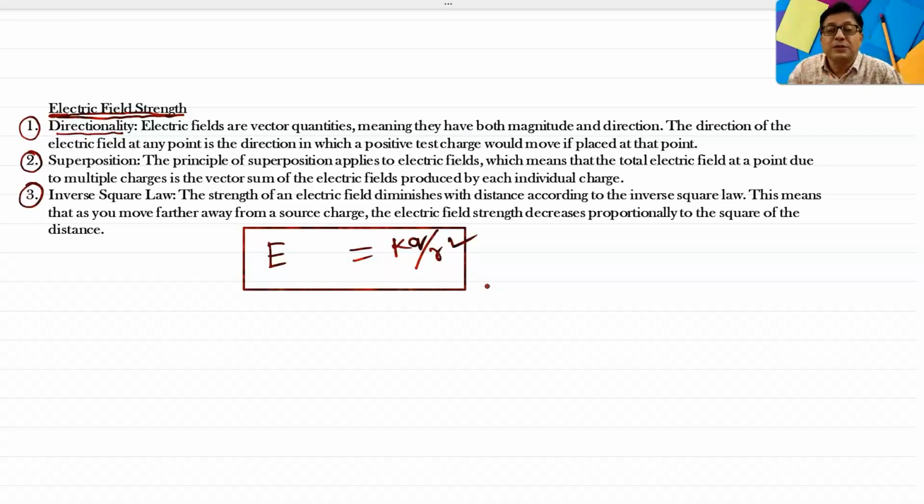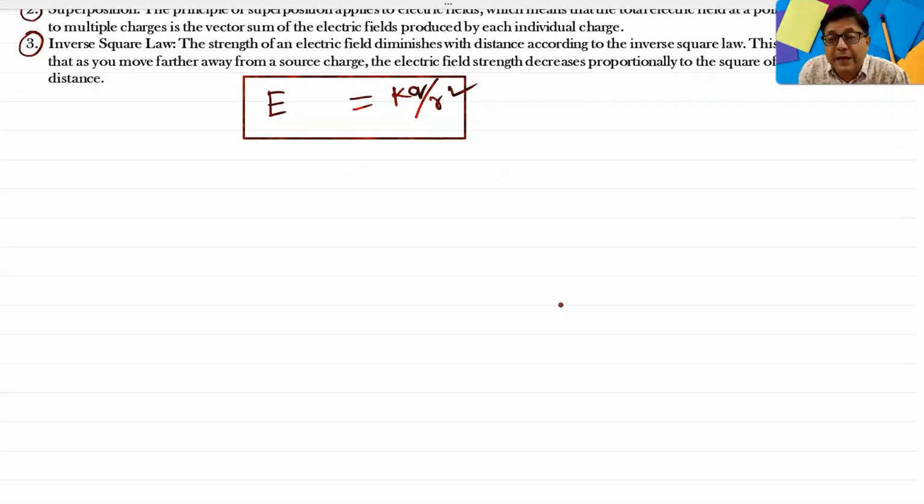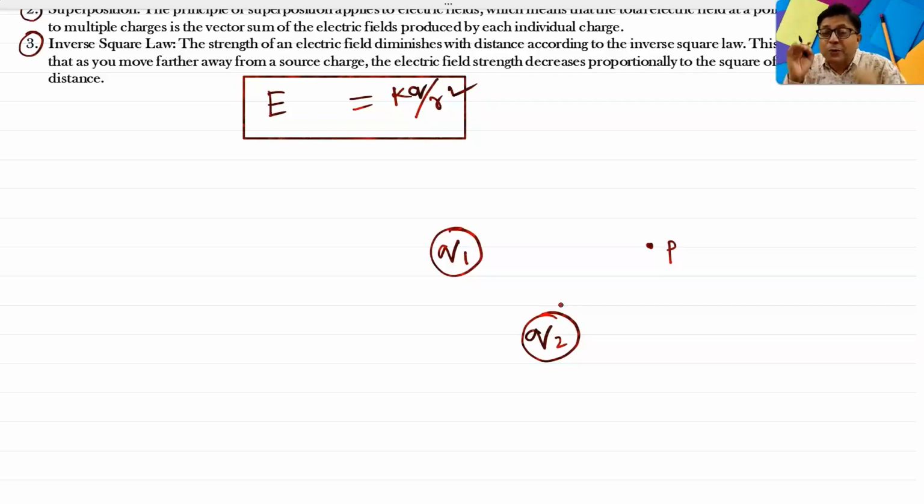Now the superposition principle. Like Coulomb's law, consider the electric field at a point P due to many charges. At least two; many means at least two. Then how to find the electric field at P due to these two charges? So again, the superposition principle we are going to state.